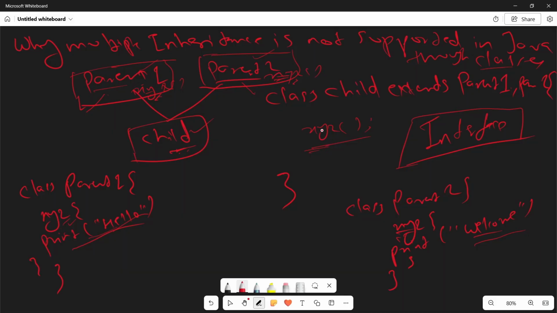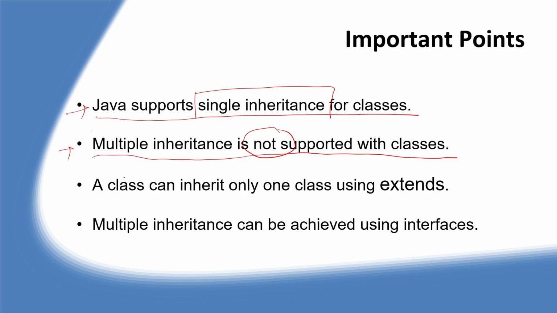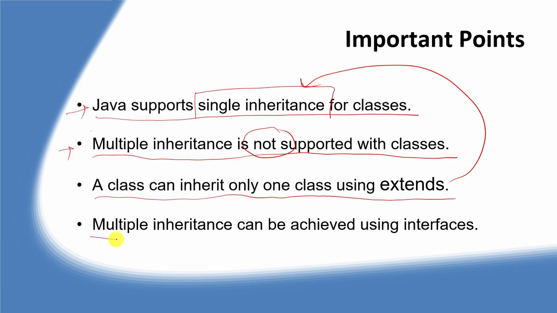Okay, let's move on. A class can inherit only one class using the extends keyword, that is single inheritance. We have seen that just now. Multiple inheritance can be achieved using interfaces.